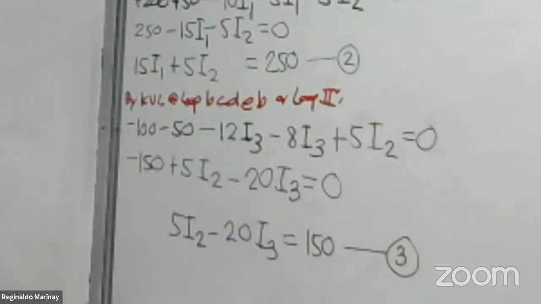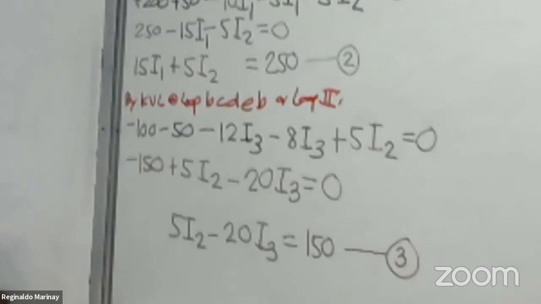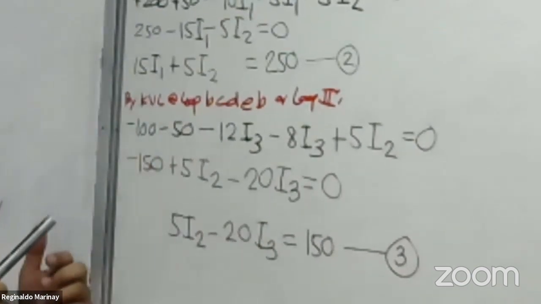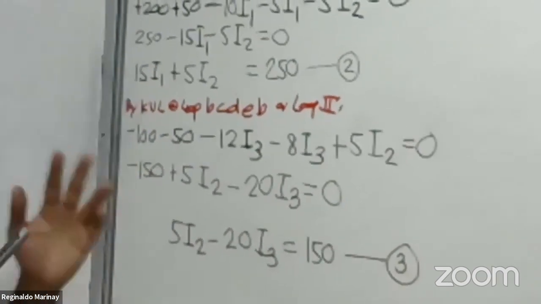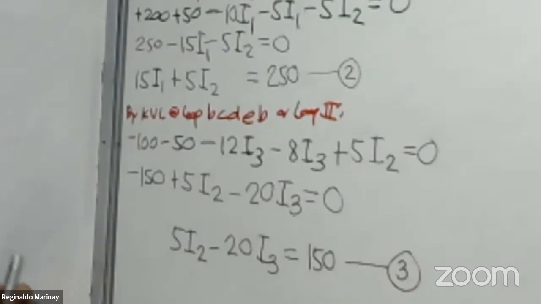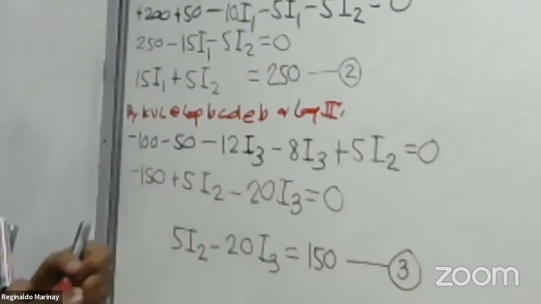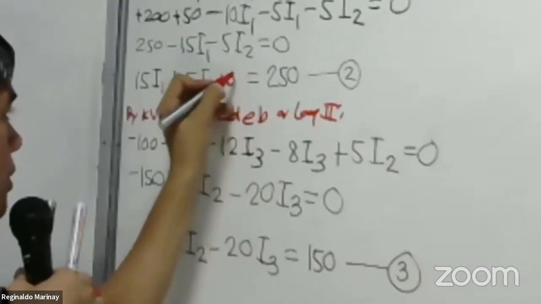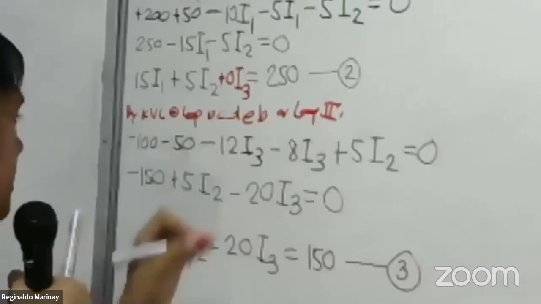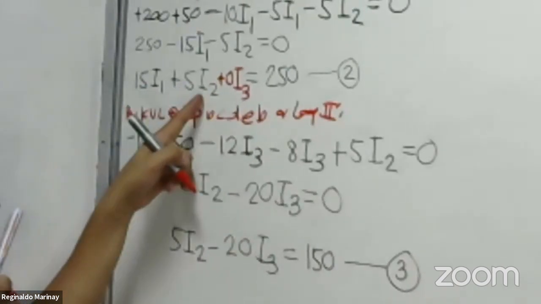We have 3 unknowns. We have to make this suitable for our calculator so that our calculator will understand the manipulation. We have to put plus 0 I sub 3 here, to make it I1, I2, and I3.